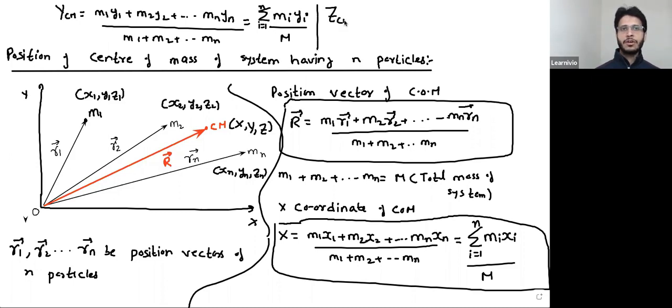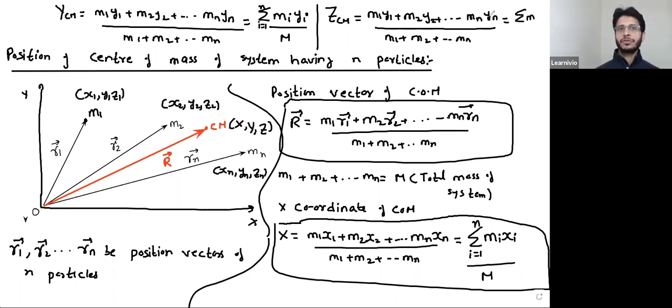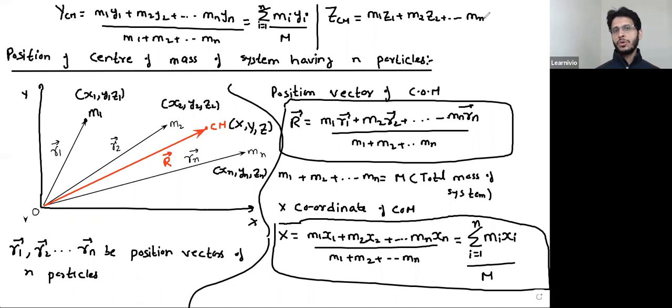In the same way, the z coordinate of center of mass is m1 z1 plus m2 z2 up to mn zn divided by m1 plus m2 up to mn.